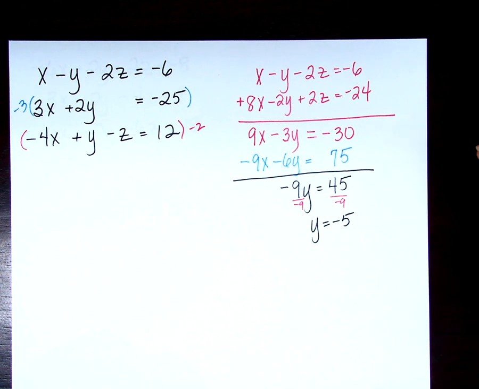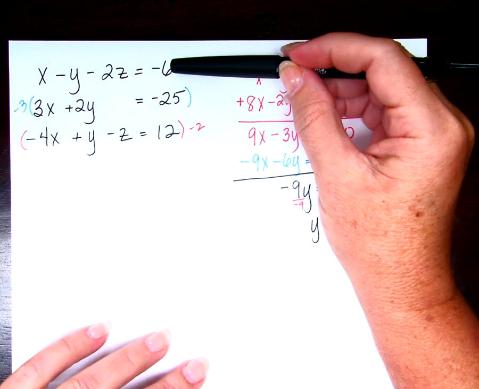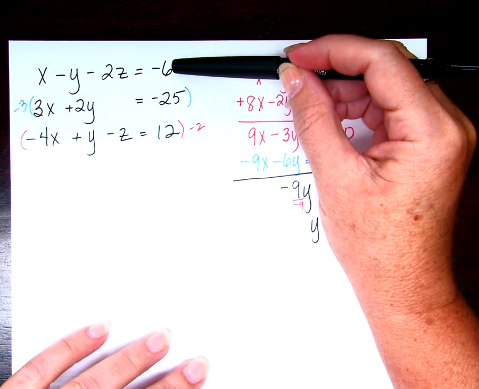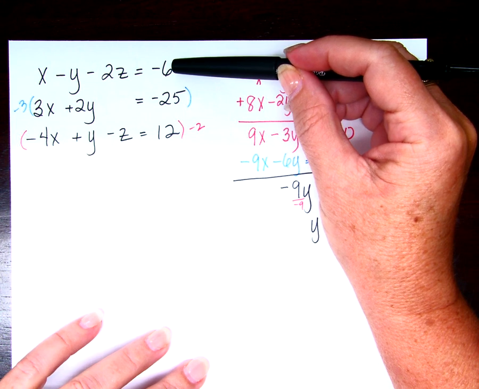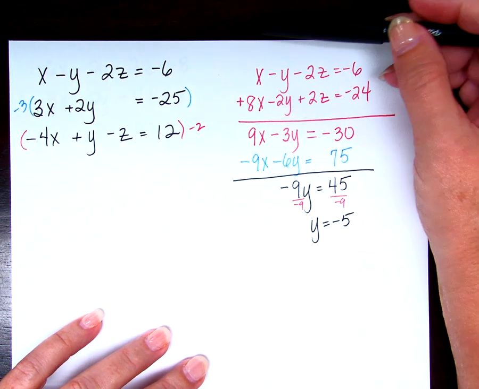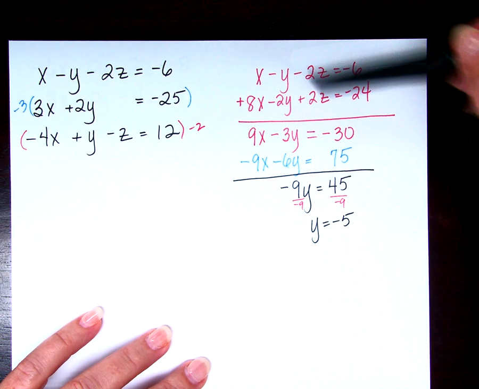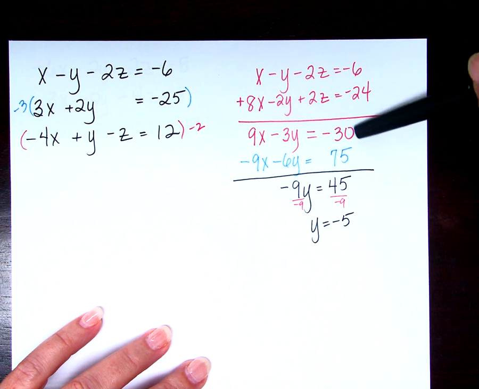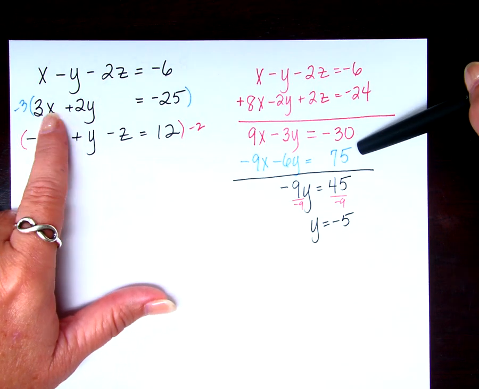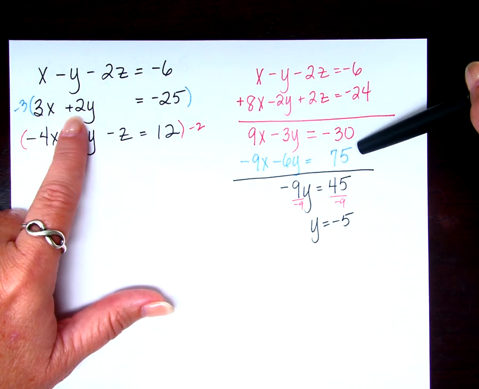So we found y. Awesome. What do I do now? Where would you like to plug it in? Like over here? I can, but if I plug it into one of these two, what am I going to find? X, right?